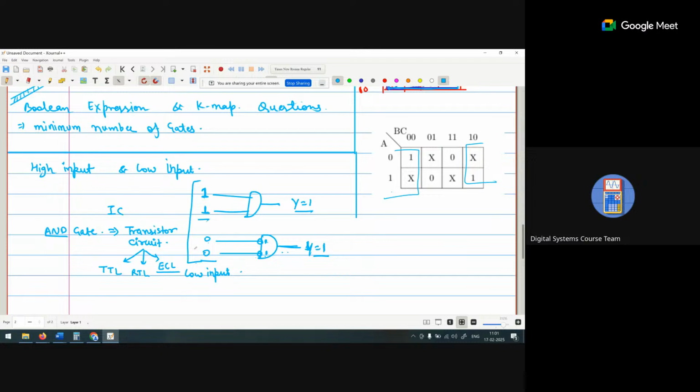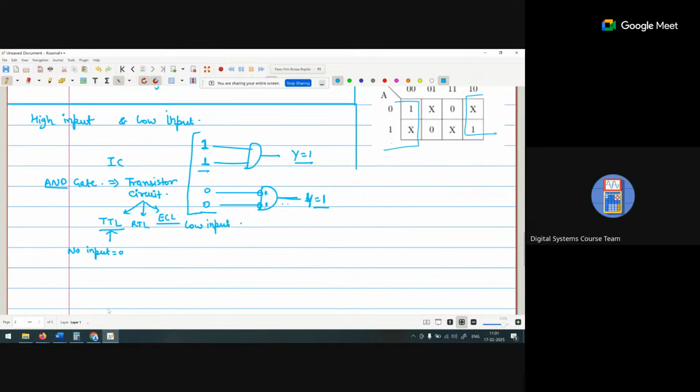Okay. So in the case of TTL, when we are giving no input, it is considered as a 0, and when we are providing the high input, it is considered as a 1. Whereas in the case of ECL, the concept is reversed.